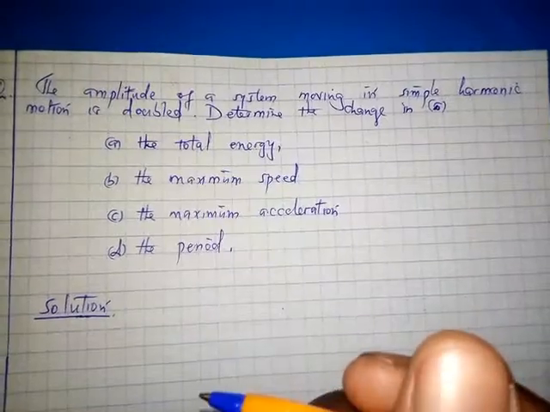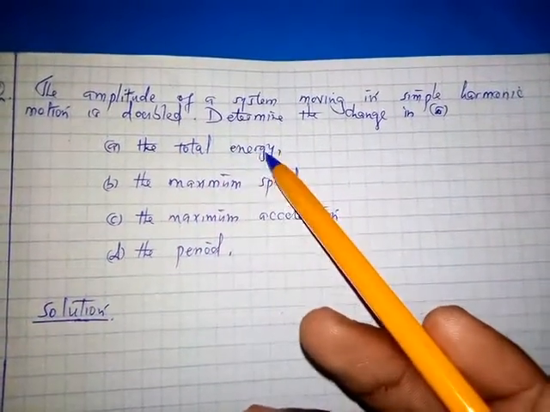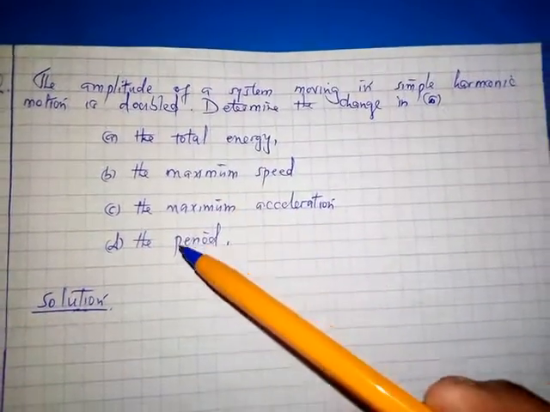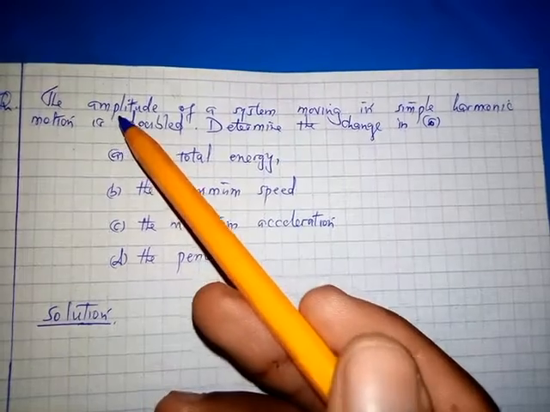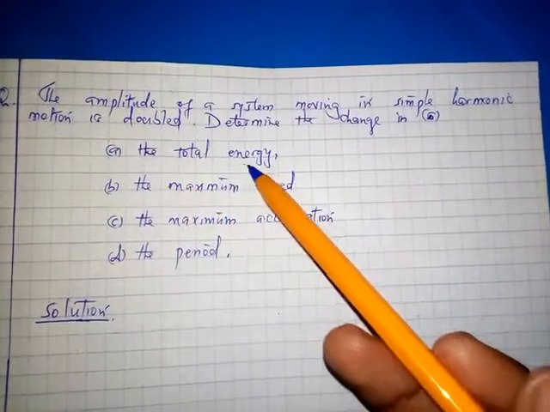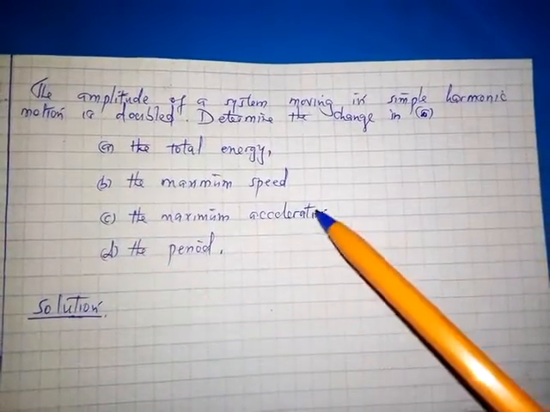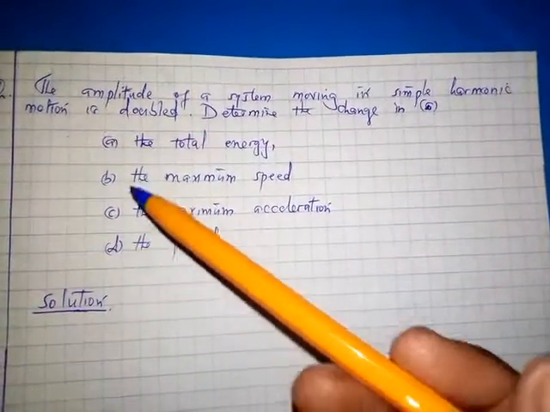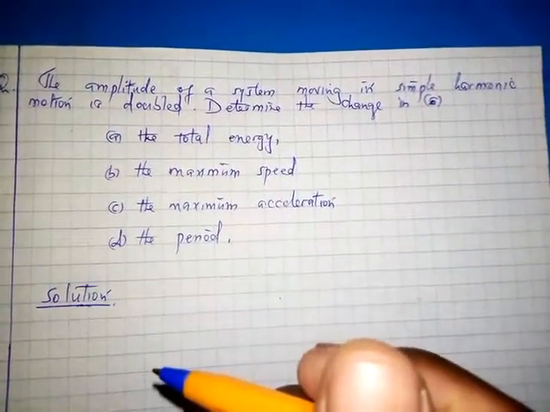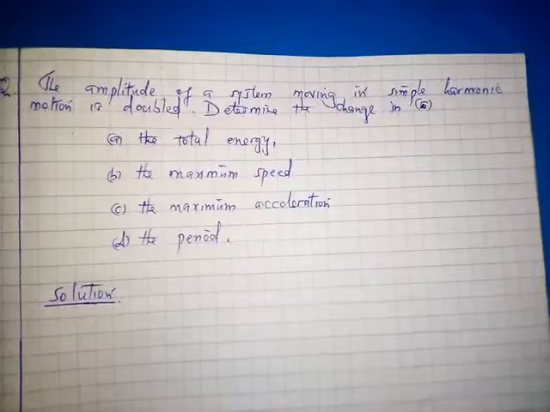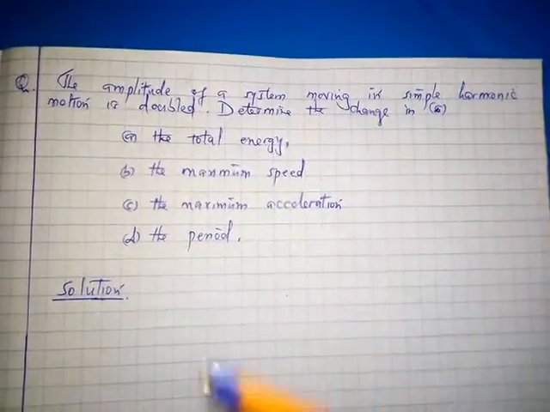You have to know the relationship that exists between amplitude and all of this. You have to master those formulas before, so that you can be able to solve this problem.